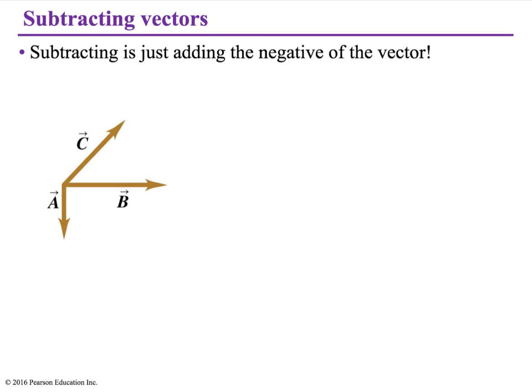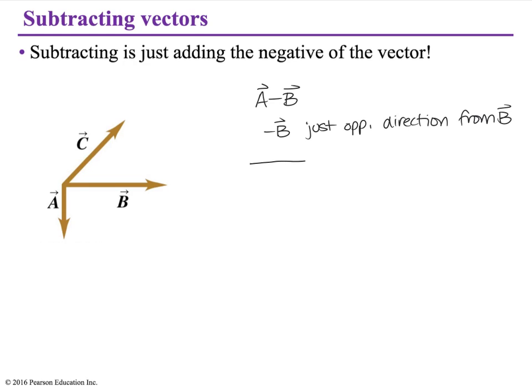If I want to subtract two vectors, A minus B is just in the opposite direction from B. So we can kind of say I'm adding minus B instead of subtracting, just like what we learned when we learned about negative numbers.